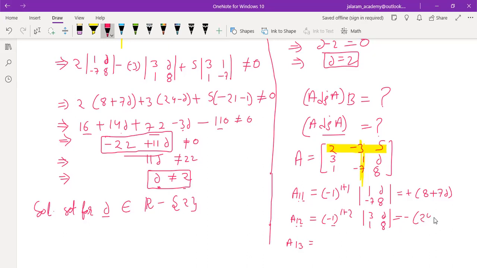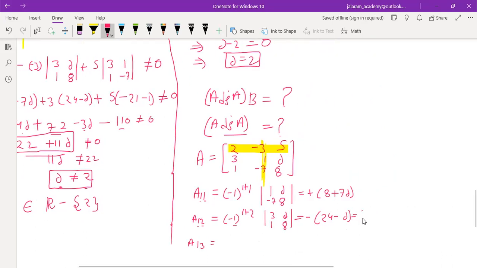So 8 threes are 24 minus delta, and when we simplify it, it gives delta minus 24.